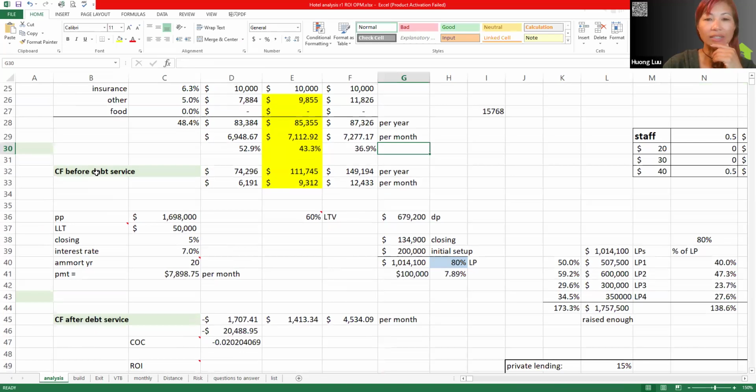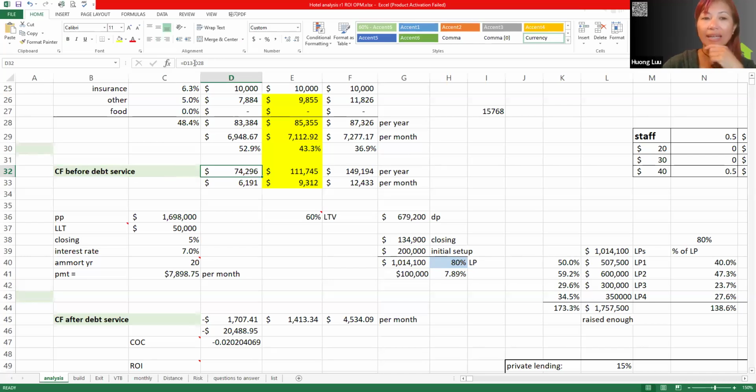So then I go into calculating the cash flow before debt servicing. This is an interesting calculation because I am not including any mortgages, any private lending, any of that debt servicing to acquire or maintain this opportunity. So I have this number calculated first.